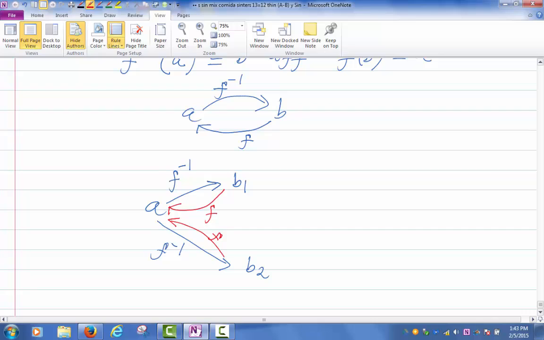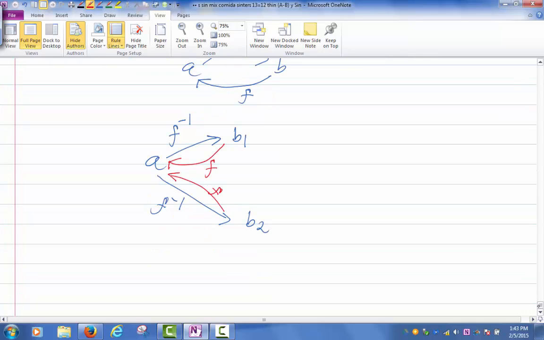So that justifies that f inverse is indeed a valid function. It cannot take one input to two distinct outputs, because if it does, that would mean that f takes two distinct inputs to the same output. So f inverse is indeed a valid function. This can't happen.